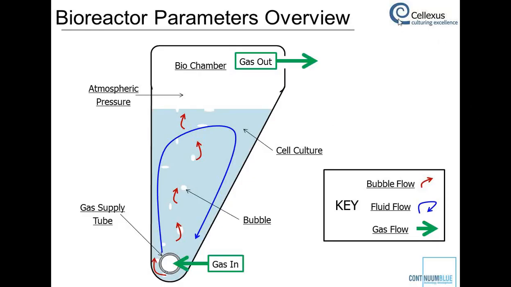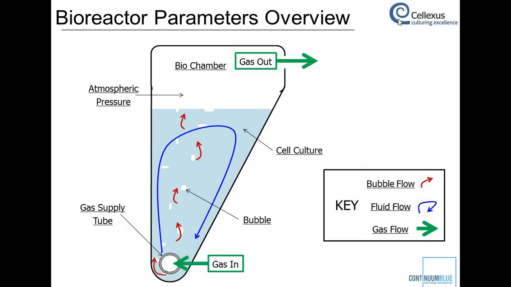This is a schematic of the bioreactor and the parameters involved, a bit of an overview. This is a side view of the disposable bag, and you've got a sparge tube at the bottom where you pump gas in, carbon dioxide, oxygen and the like, and you bubble air through the system through a vertical column.